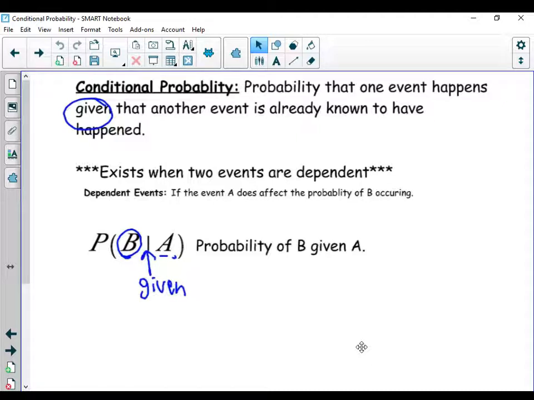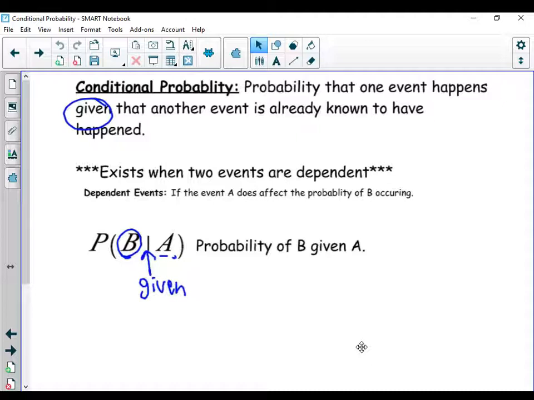So conditional probability is the probability that one event happens given that another event has already happened. That given word is a token word that we're going to be looking for in problems. Two events have to be dependent, of course. There's the definition of dependent events from the last thing we were doing.